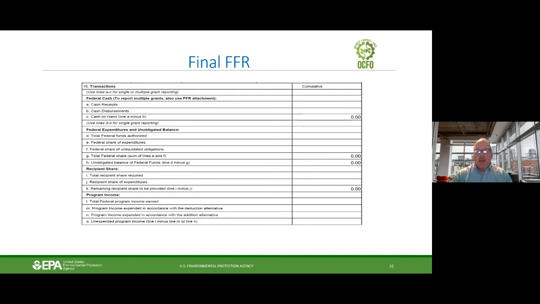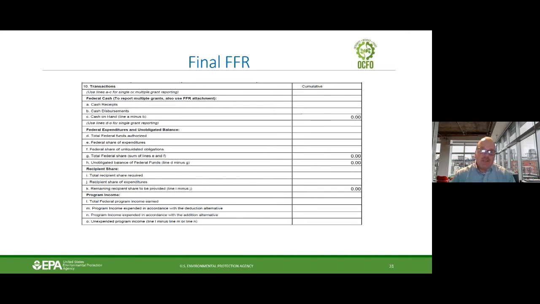The way it works now is it's really like online banking. It's very simple to do a drawdown and you get your money same day or next business day at the latest. So that's why the government doesn't want you to have cash on hand. They don't want you to be holding our money because you could just draw as you need it, okay?